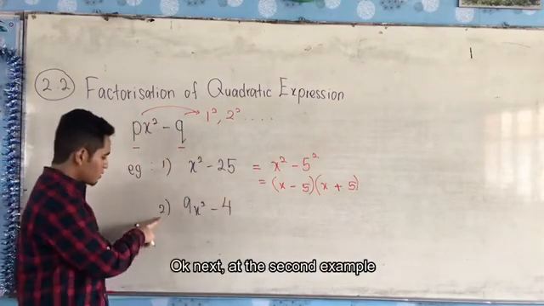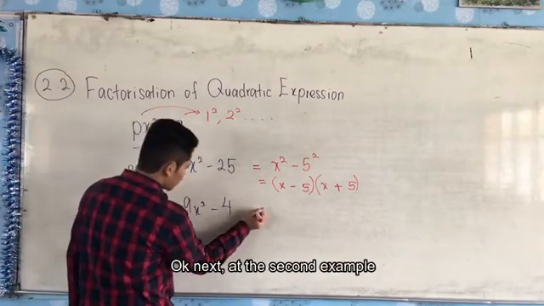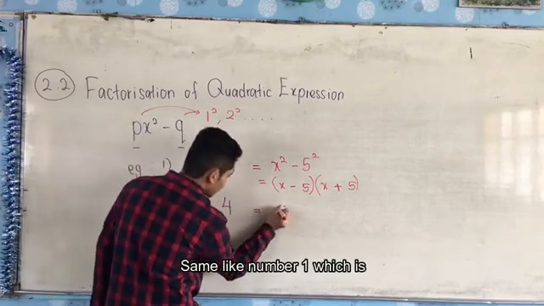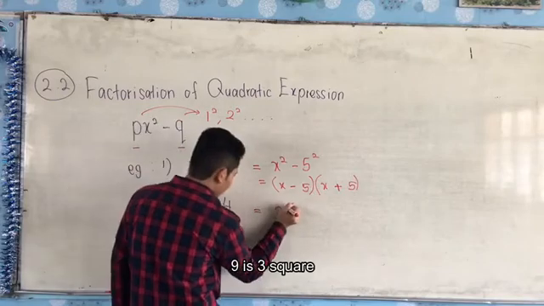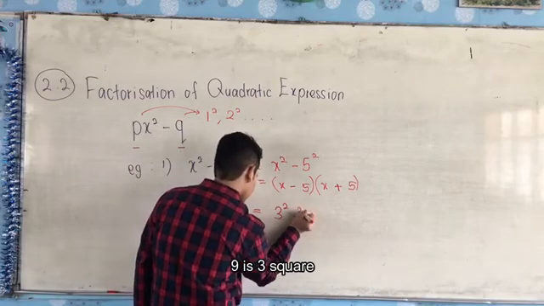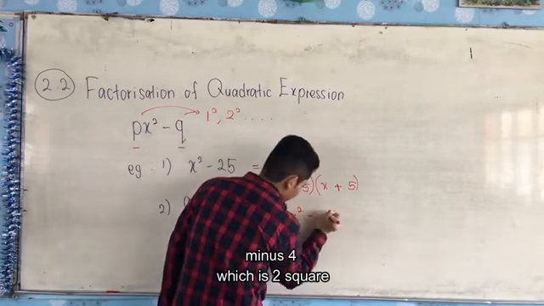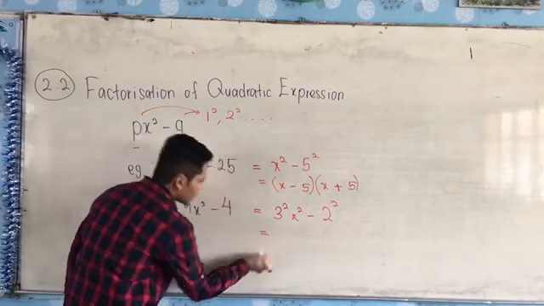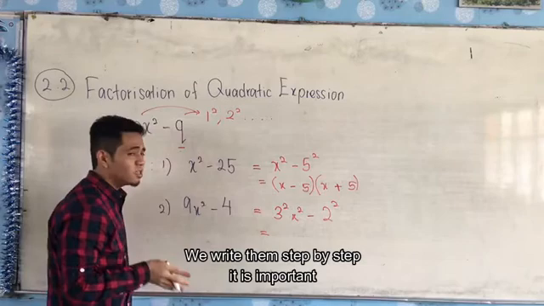Okay, next, the second example, same like number 1, which is 9 is 3 squared minus 4, which is 2 squared. We write them step by step. It is important.